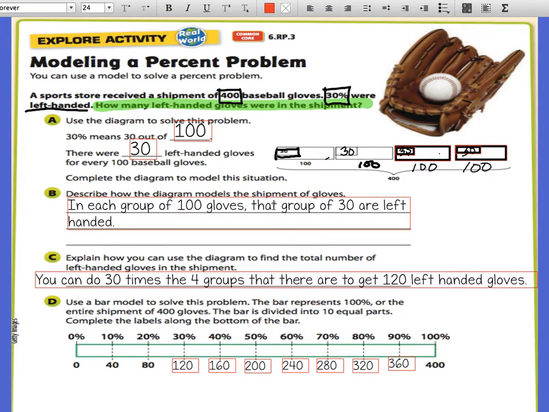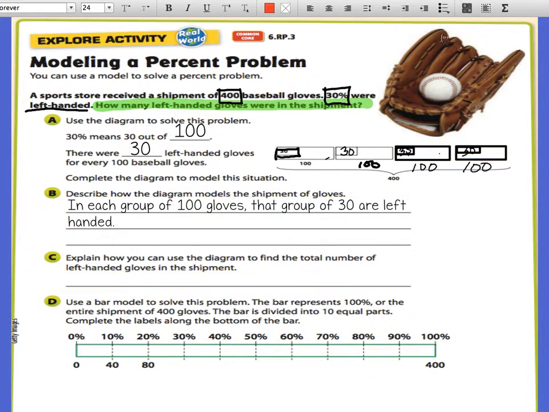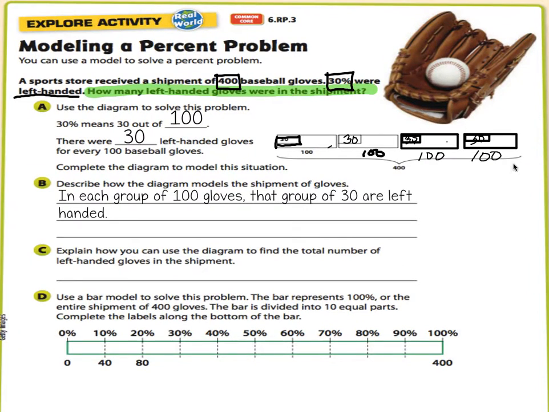I can't click on this to type, so it shouldn't say that; it should say there are groups of 30 that are left-handed. In each group of 100, there's a group of 30 that are left-handed. You can see that in the model: here's a group of 100, and this small group indicates the ones that are left-handed.